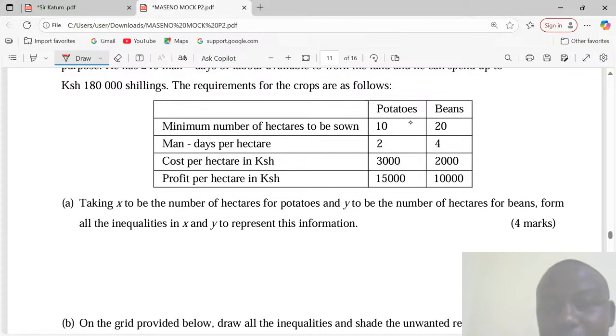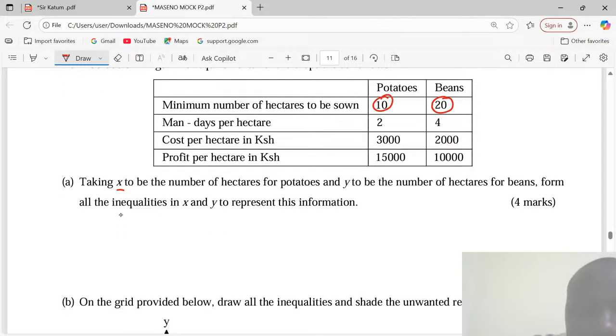So the number of acres, we have 10 and we have 20. So for potatoes, which are let to be X, the minimum number should be 10. So X, the number of potato acres, is supposed to be 10 or beyond that.